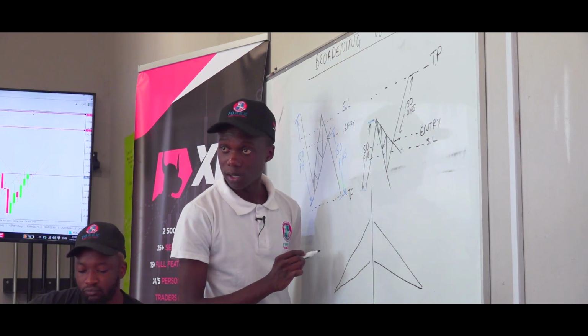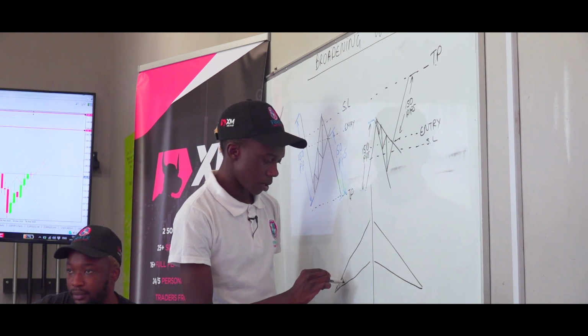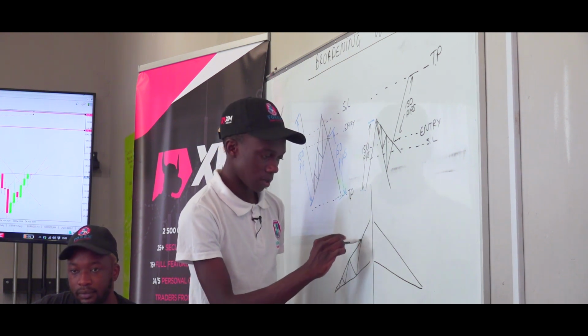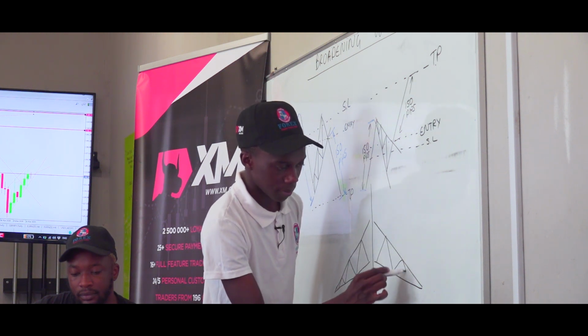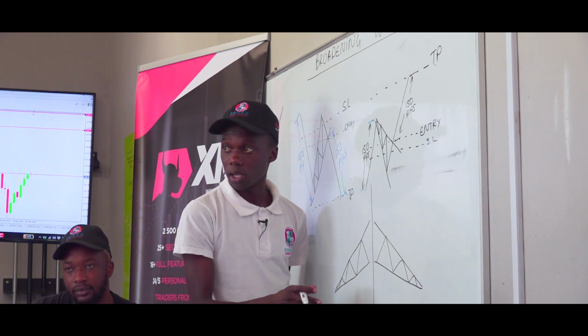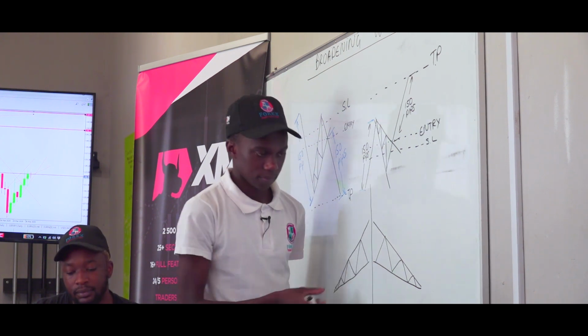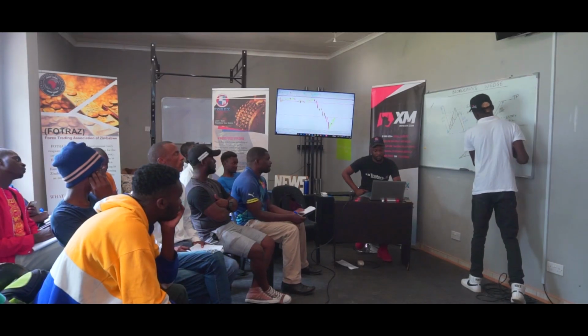But in this case, you have price going up, down, up, down, up, down. Here, price is going up, down, up, down. Can you see? So this one is more of a megaphone.